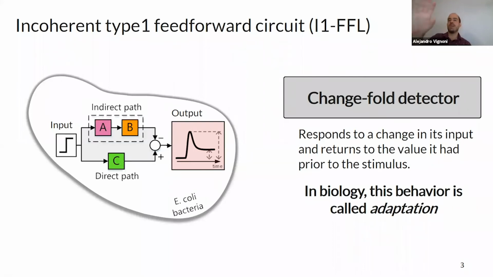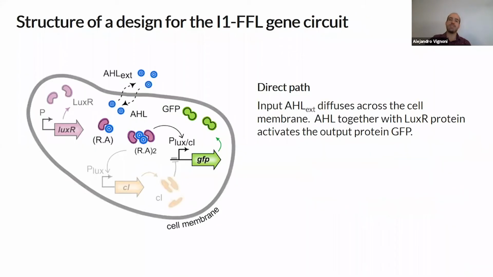Okay, so we have this circuit. Let's have a look at a more detailed implementation, a synthetic implementation of this circuit in the lab. We can make it work with 3 genes. The direct path is with a promoter that is sensitive to a transcription factor, which is based on LuxR and AHL, which is a molecule that you put from outside.